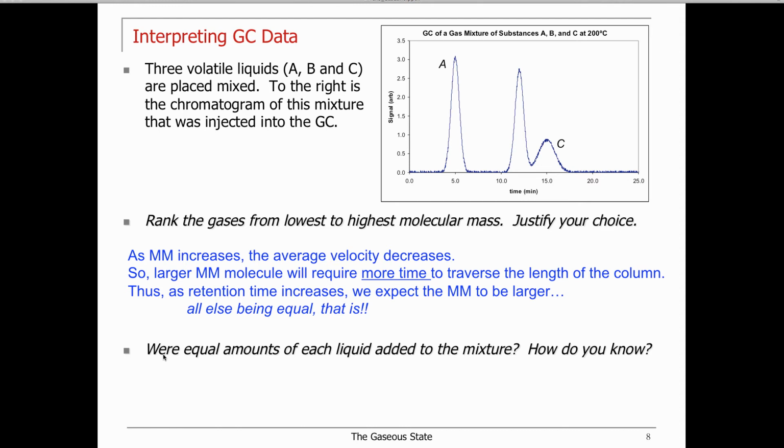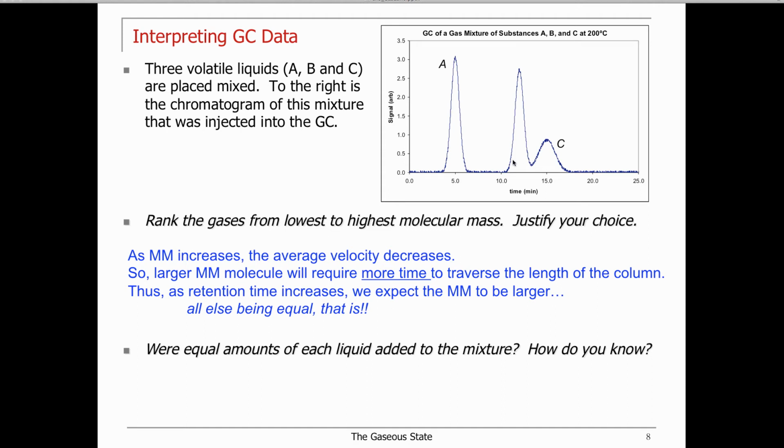Now there's another question. Were equal amounts of the liquid added to each mixture? Well, on the previous slide, it's written down that the area that this thing takes up is a representation of how many molecules there are. So the bigger the area, the more molecules of that type there are. If we look at A and B, B is definitely shorter, but it's a little bit wider.